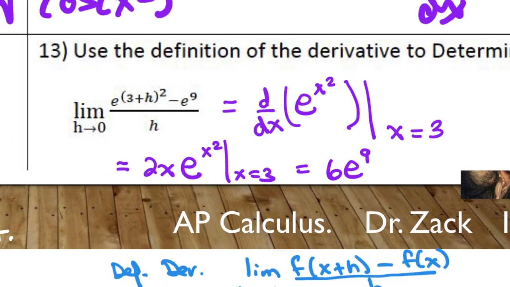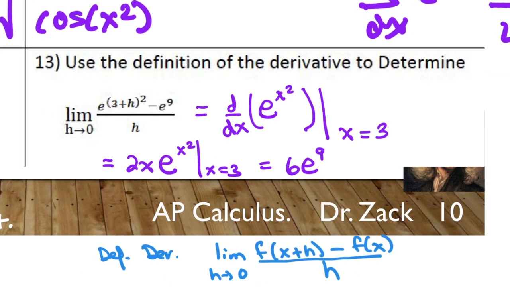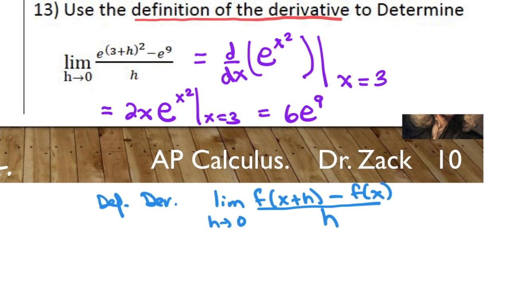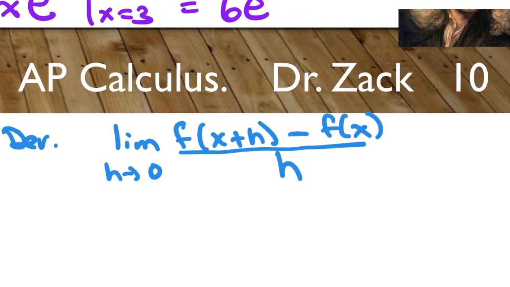Now for question 13, this one was the definition of the derivative. Okay, so AP is not going to tell you to use the definition of the derivative, but you need to be able to recognize it. The definition of the derivative comes in the form limit as h goes to 0. It could also be the limit as delta x goes to 0.